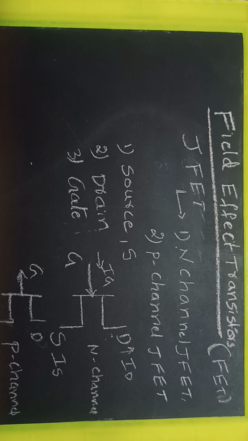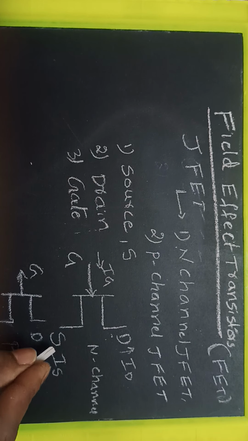Basically, the current enters from the source terminal and goes to the drain terminal, and the flow of current is controlled by the gate terminal.